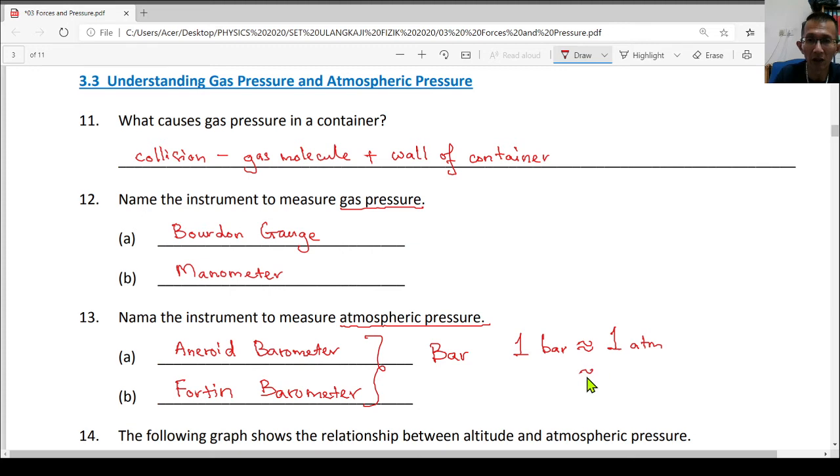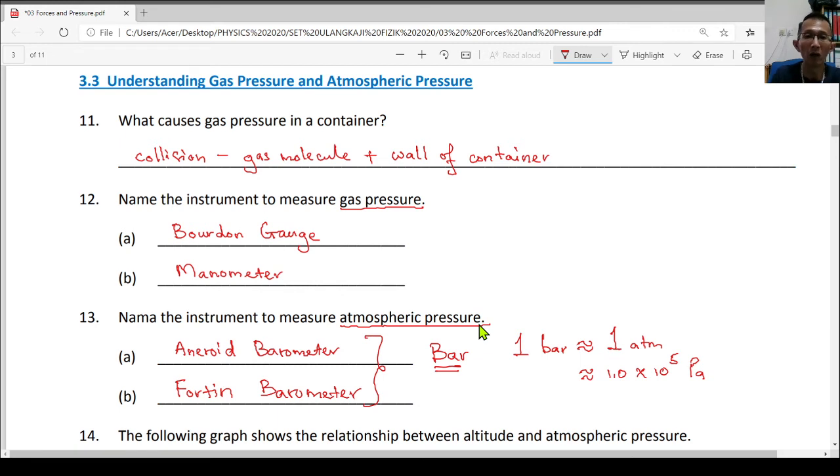It is about 1.0 times 10 to the power of 5 Pascal. It is not exactly equal, it's approximately. So this barometer actually comes from this bar. That's why we have the word barometer, and the word barometric. It is the measurement of atmospheric pressure.